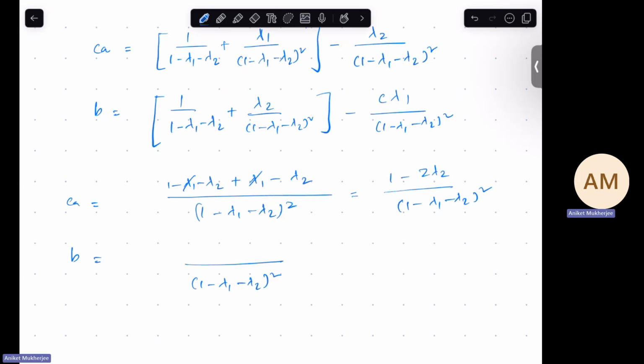And you have 1 minus lambda 1 minus lambda 2 plus lambda 2 minus C lambda 1, right? So here lambda 2 cancels, and you have 1 minus C plus 1 lambda 1 by 1 minus lambda 1 minus lambda 2 whole square.